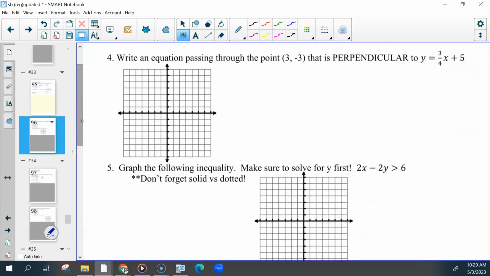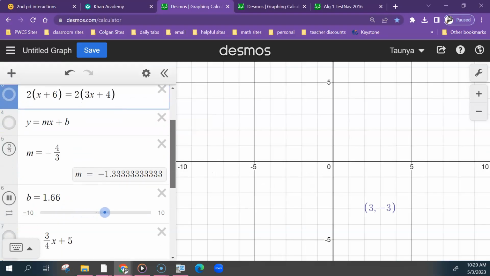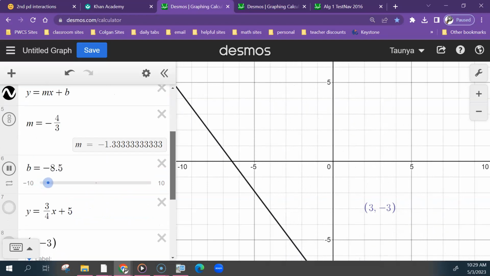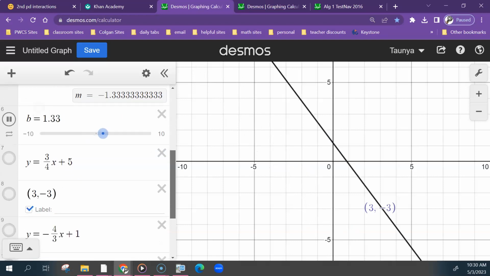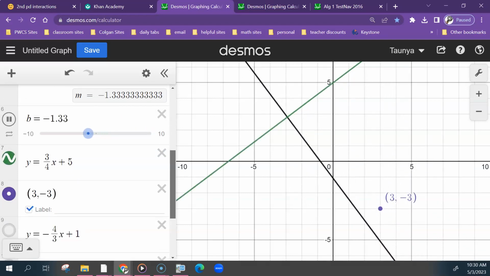As we've been doing this, I've been saying every time you see write an equation, you should be trying to do this in Desmos. So we have our point, we have our equation, we know it needs to be perpendicular through. So write an equation, type in your y equals mx plus b. It'll have you put in sliders. I just have the slider going right now. Put in the equation and point that it has to go through and be perpendicular to.